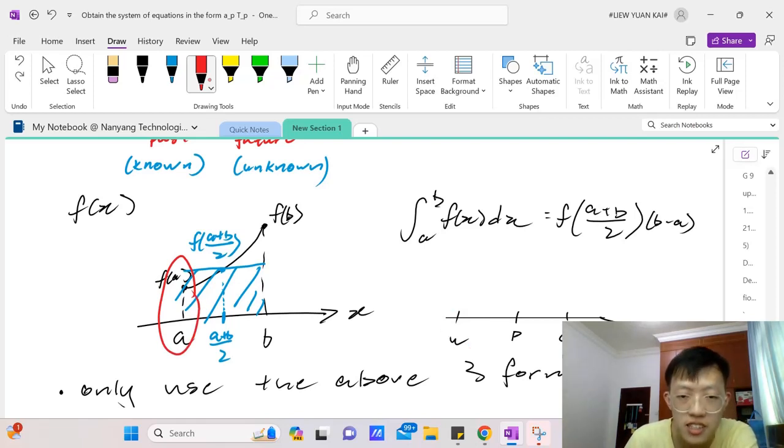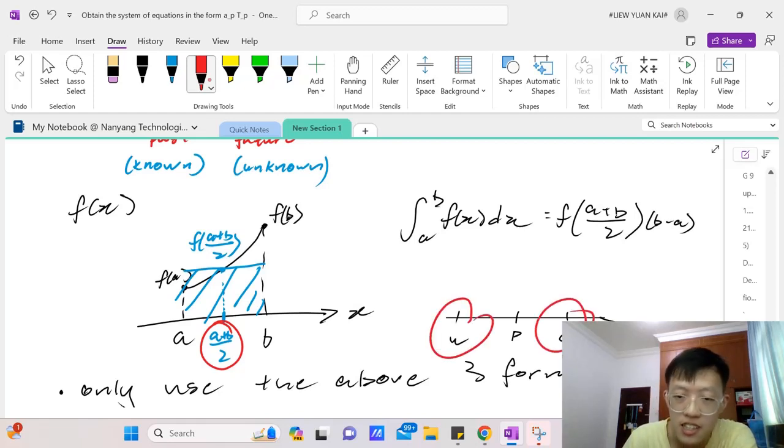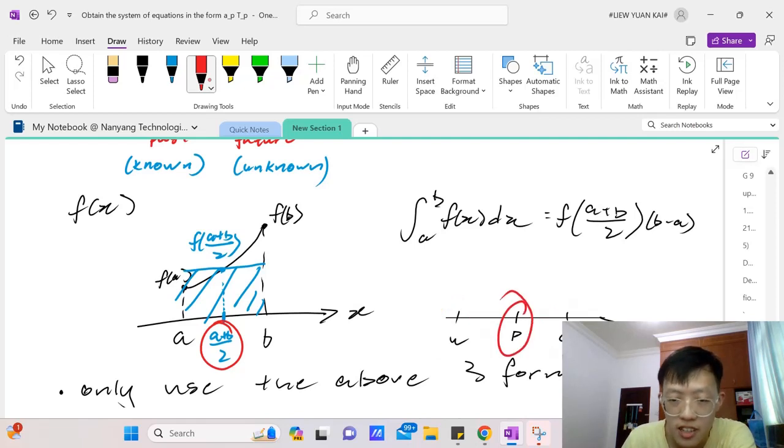Therefore, A is W. Then B is the right side, so B refers to small east. And a plus b over 2 is the direct center between A and B. So who is the direct center of west and east? That will be P, right?